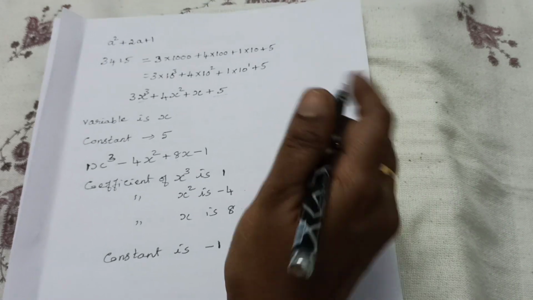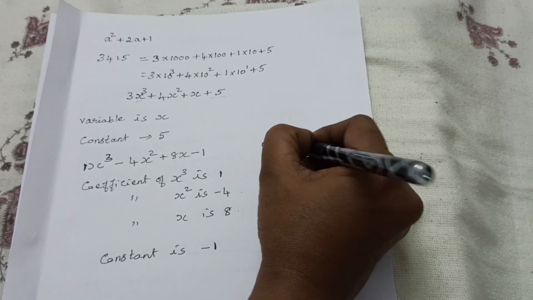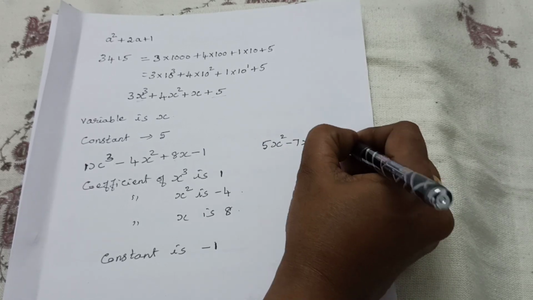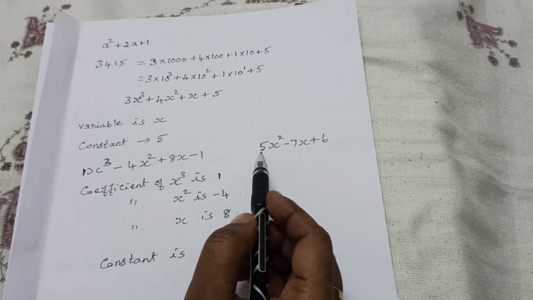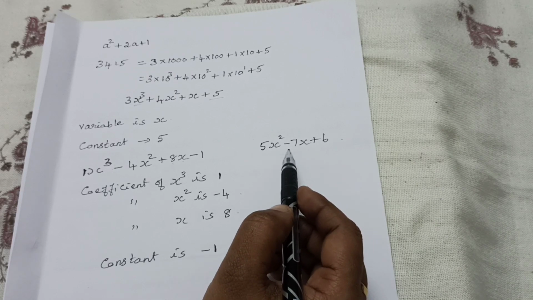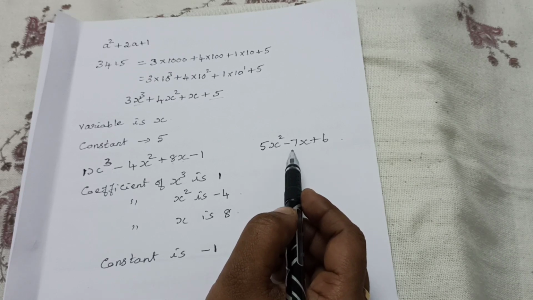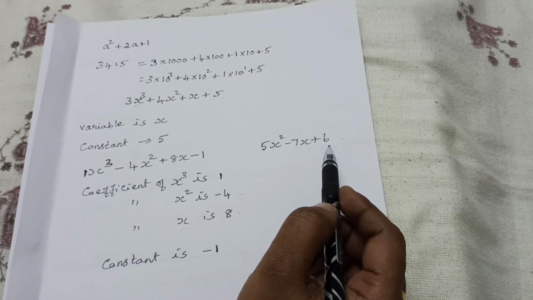Then one more example: 5x square minus 7x plus 6. Here what's the coefficient of x square? 5, isn't it? What's the coefficient of x? Minus 7. Very clear? Which is the constant? 6 is the constant.